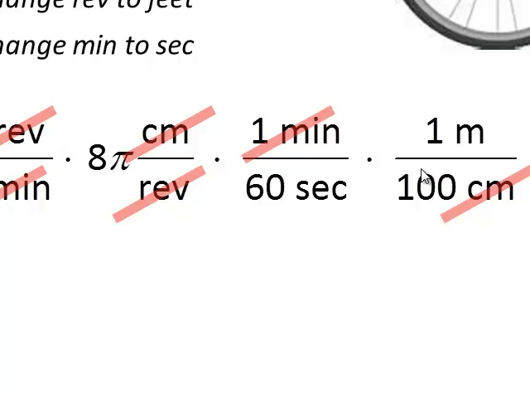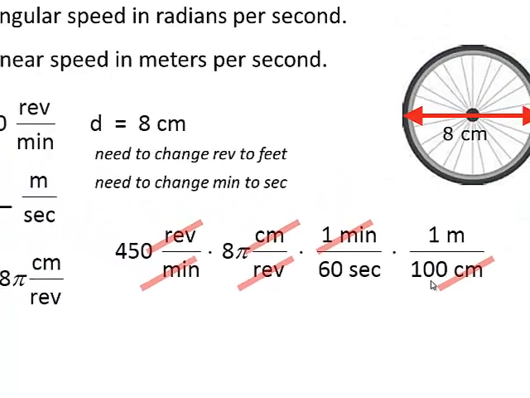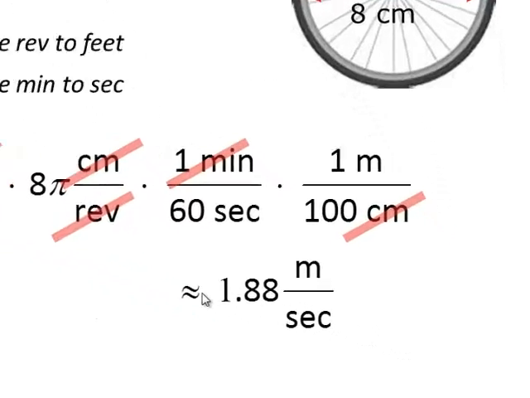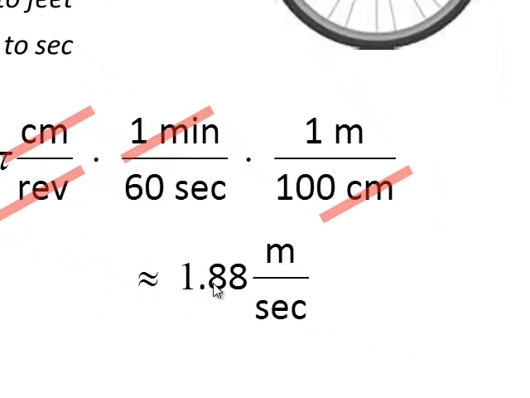Clean this all up, you can reduce, or you can just use your calculator. 450 times 8 divided by 60 divided by 100, and you get approximately 1.88 meters per second using the pi. Don't forget the pi.